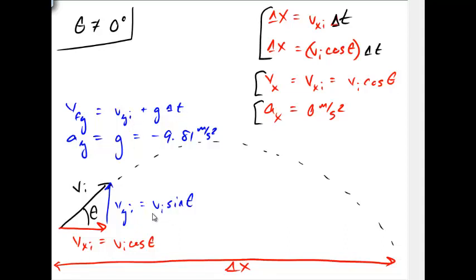Well, I know Vyi, don't I? I've got a very specific answer for that. It's Vi sine theta. So Vyf is Vi sine theta plus g delta t. Now I've messed up and need to put my t's in black. There we go. So I've got this nice thing for gravity and I've got this nice thing for speed.